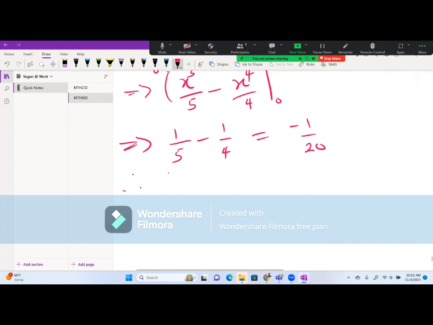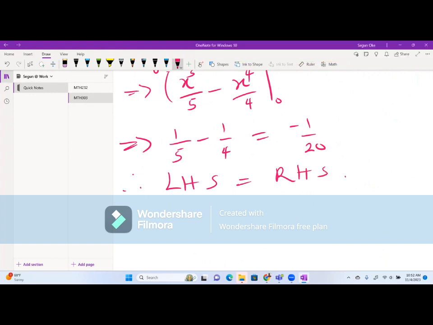Therefore, left hand side equals right hand side. So we've established Green's theorem. So just look at your past questions and lay your hands on as many questions as possible to solve them. All they want you to do is just to prove that the left hand side is equal to right hand side the other way, when they ask you to verify.